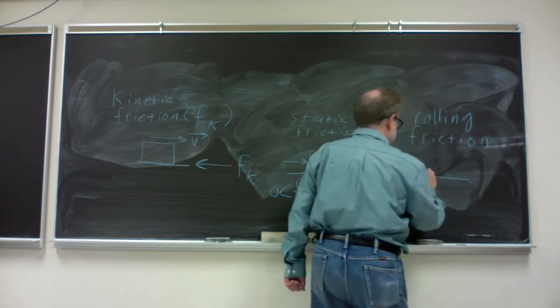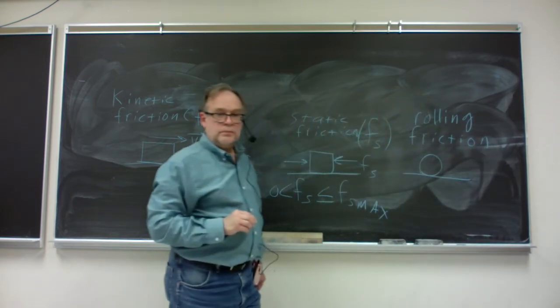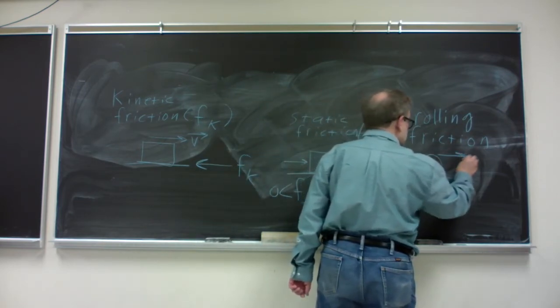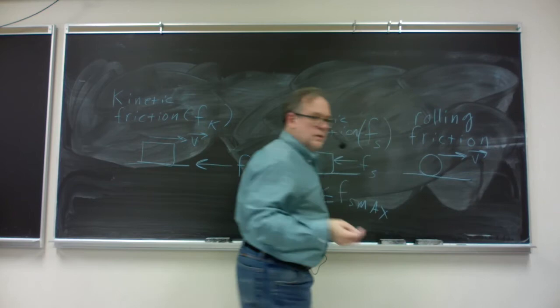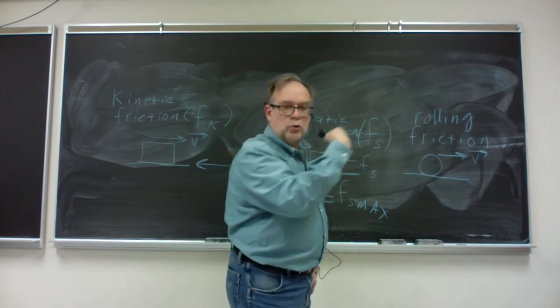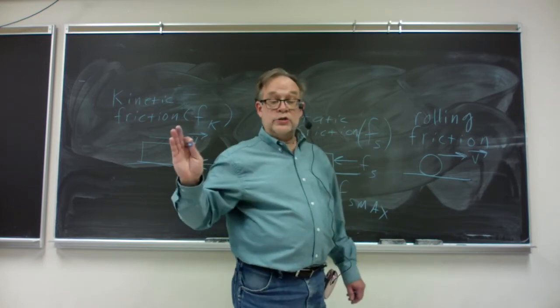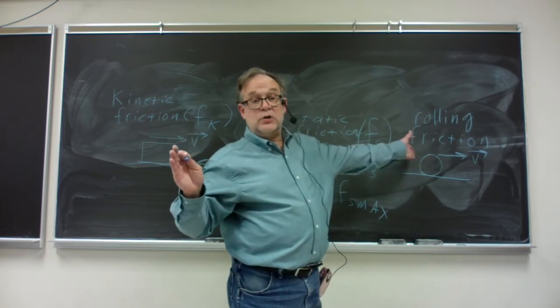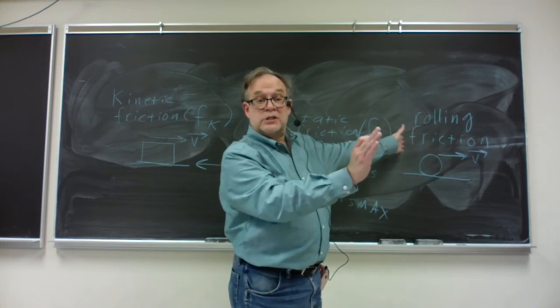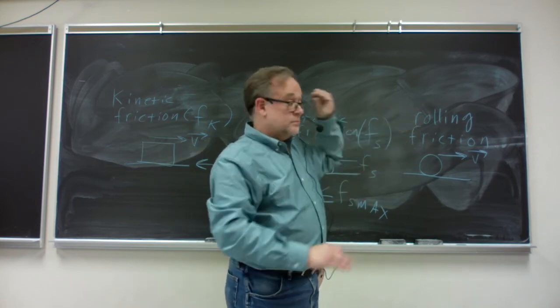So just imagine a wheel moving that way. And there are two ways that it could move to the right. It could either move to the right while rolling, or this could just be a very, very icy road, and the wheel could slip or slide instead of rolling.